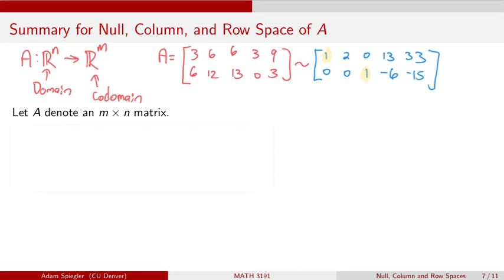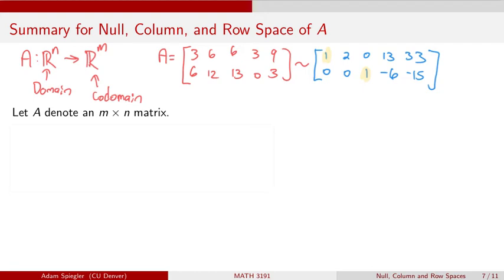And we were able to do some row operations, or use Python, to identify the reduced row echelon form of this matrix, which had a top row of 1, 2, 0, 13, 33, and a second row of 0, 0, 1, -6, 15. And there was something significant about the pivots and the free variables in the reduced row echelon form of this matrix that connected to finding the null space and the column space of matrix A.